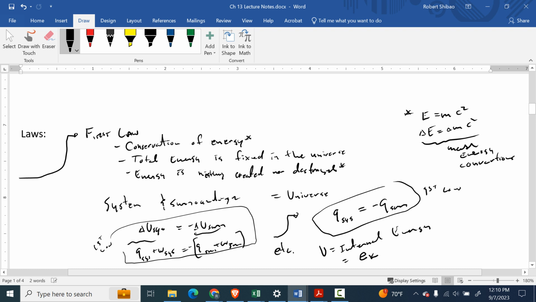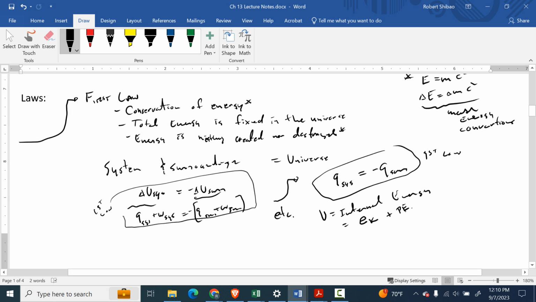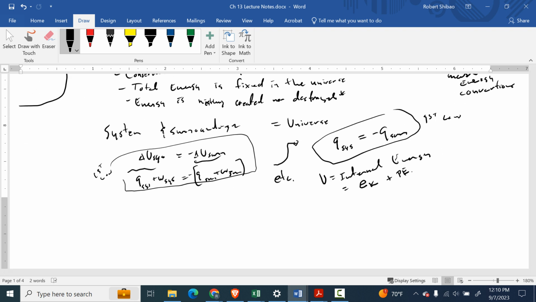Petrucci likes this symbol for kinetic energy. I use capital E, capital K, but it doesn't really matter. What does it represent? Kinetic energy. And I'll just use PE for potential energy. The internal energy, or total energy, of something is equal to its kinetic energy plus its potential energy.